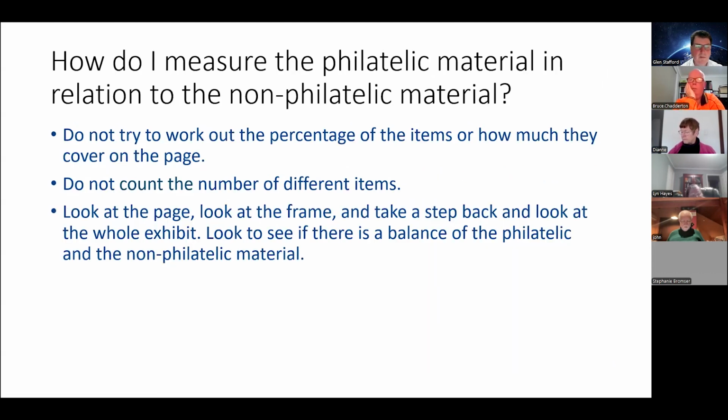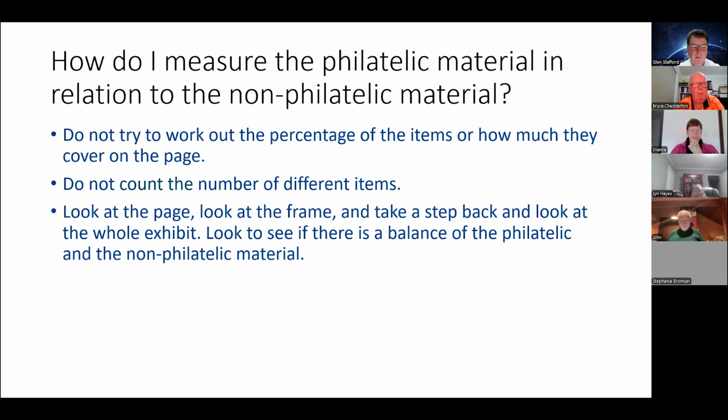Perhaps the other one that people get a bit screwed up on is how do I measure the philatelic content in relation to the non-philatelic material? A lot of people agonize and count it page by page, or they assess the area on each page and all the rest of it. The current thinking is don't try and work out the percentage of the items in your exhibit, so don't count them and divide them by the total number of items. Don't try and work out how much of each page has got a non-philatelic item on it.